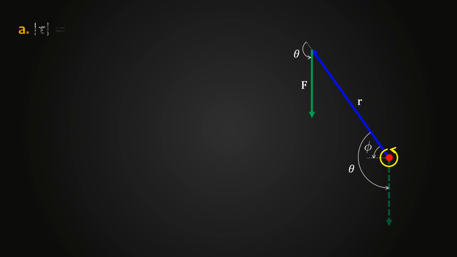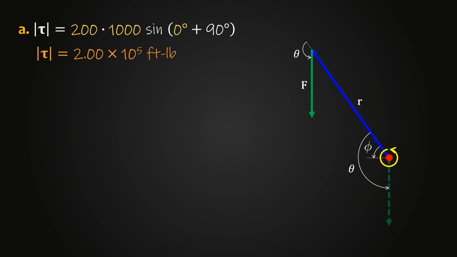A. Use phi as 0. Hence, the value of torque is equal to 2.00 times 10 raised to 5 foot-pounds. B. Use phi as 45 degrees.